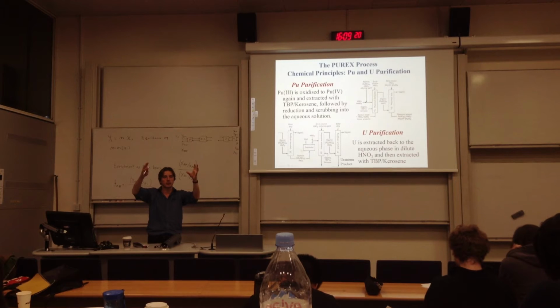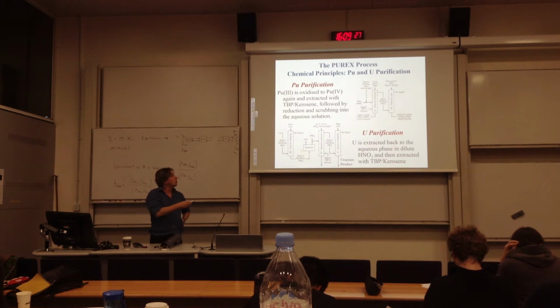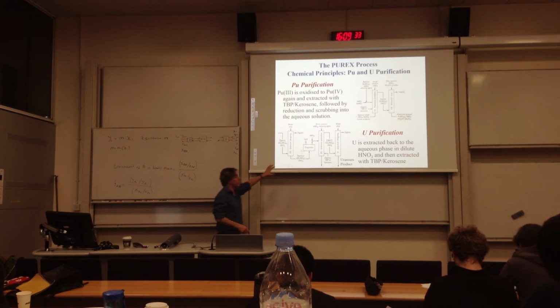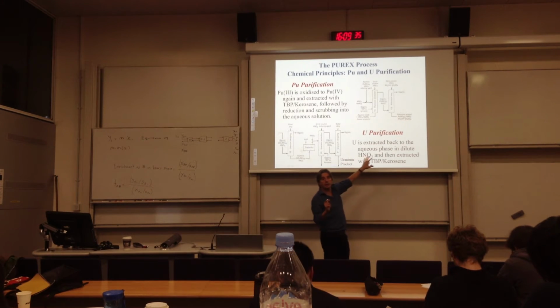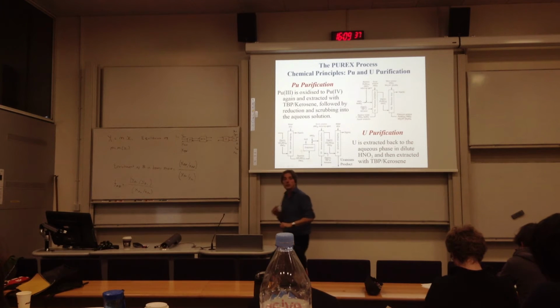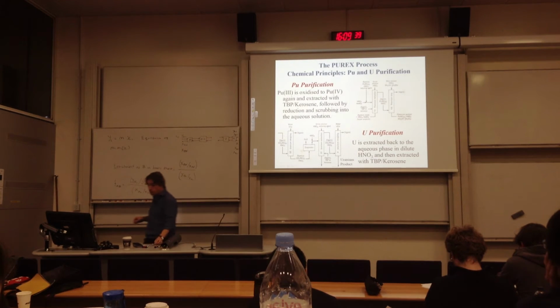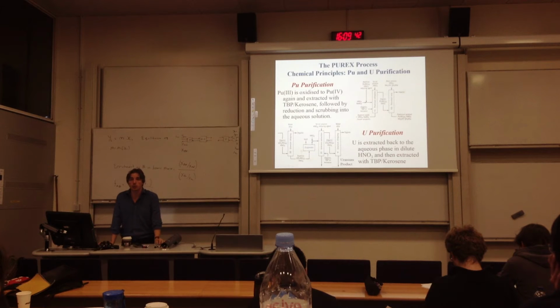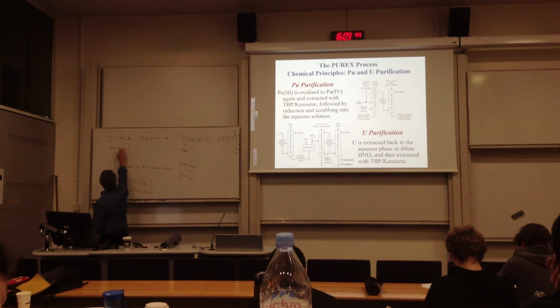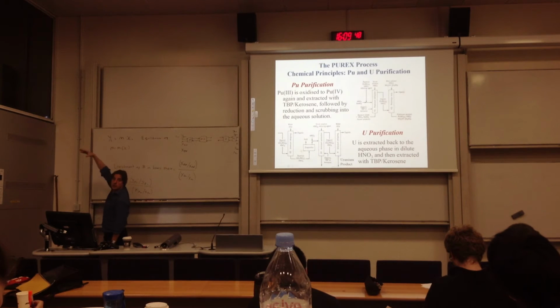Uranium and plutonium stayed in the kerosene. How do we manage to separate uranium from plutonium? For plutonium, we play with the oxidation state, and for uranium, we play with the pH of the water. Those are the main ways of adapting the system. By doing that, we are changing M, and as we know, by changing M we can control the separation.